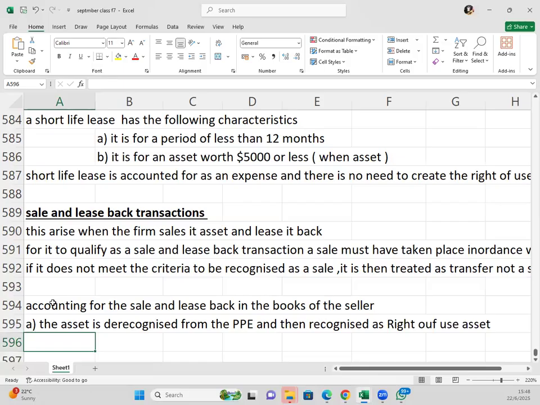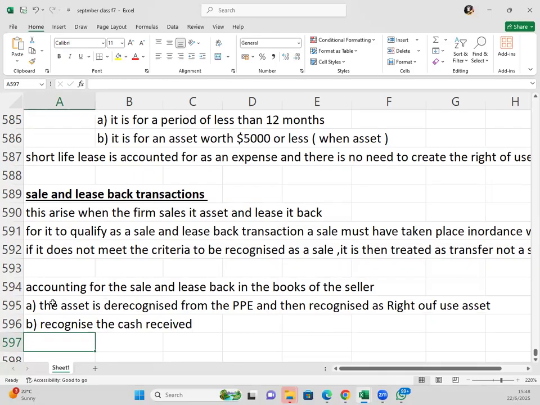Then we also recognize the cash received. If we sell this asset, we are going to recognize cash, and also recognize the lease liability.